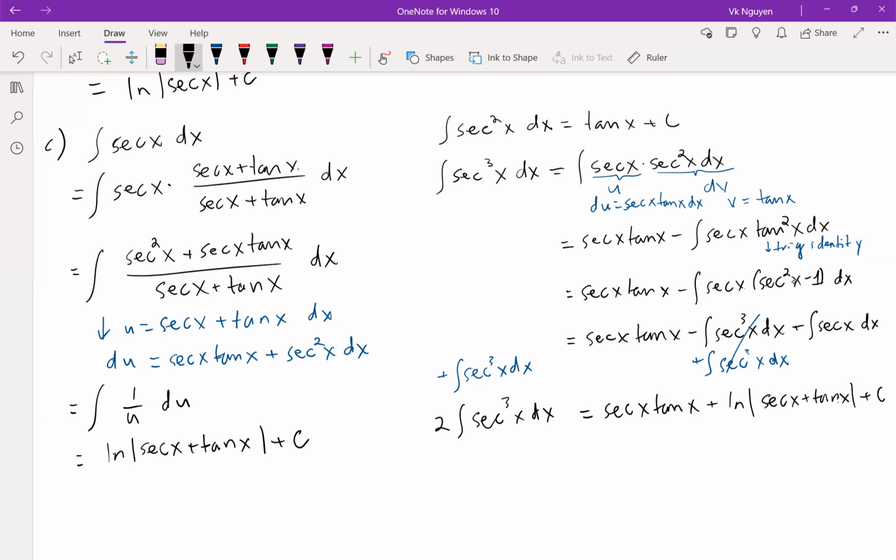Now divide both sides by 2, and we have the integral of secant to the power 3 x dx is half of secant x tangent x plus half of ln absolute value of secant x plus tangent x, plus c.